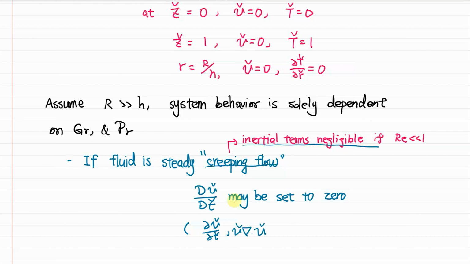So steady flow means steady state, so the time-dependent term is 0. Creeping flow means the inertial terms are negligible. So that means the whole left-hand side of the equation of motion can be set to 0.